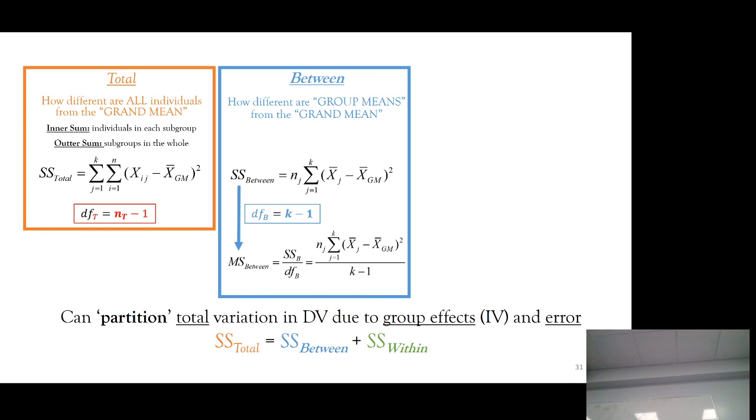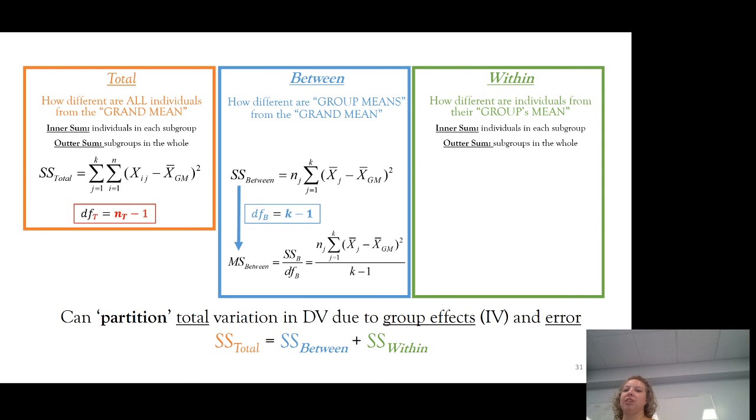How many groups do we have? 3. We use the letter K in general. So in our example, what's the degrees of freedom between? 2, the number of groups minus 1. So the numerator degrees of freedom is number of groups minus 1. That leaves us the denominator, the within. Sum of squares within, there's its formula. Isn't that beautiful?